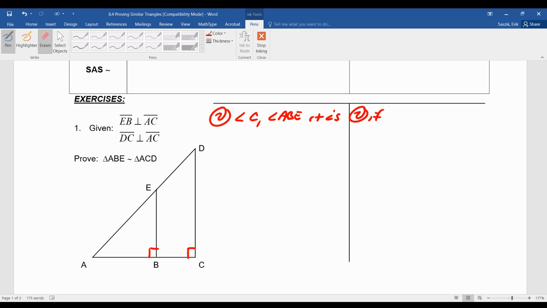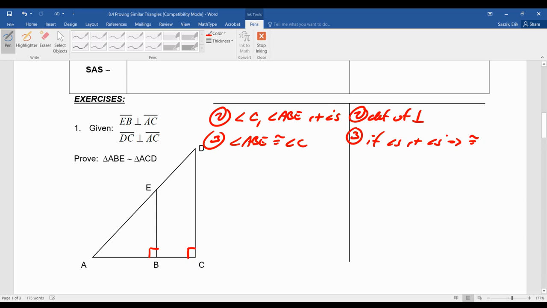Actually, we can just write def of perp, that makes life easier. Def of perp. Then we have angle ABE congruent to angle C. And this would be, of course, if angles right angles, then congruent.